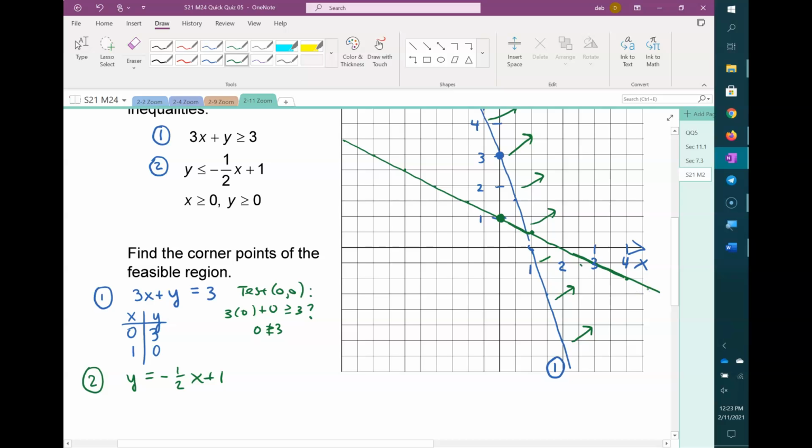Because I have y by itself on one side and less than, I know I need to shade below the line. You can still test 0, 0 if you like, but it will give you the same result. So I can see that I need to shade below the line.